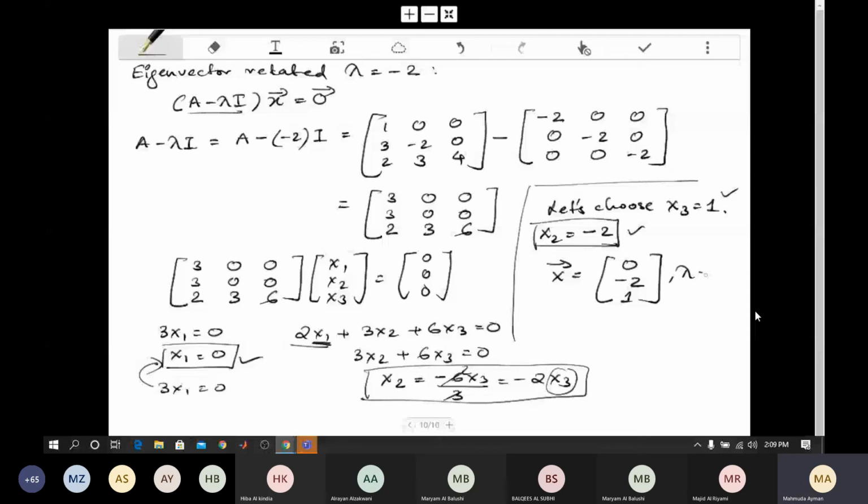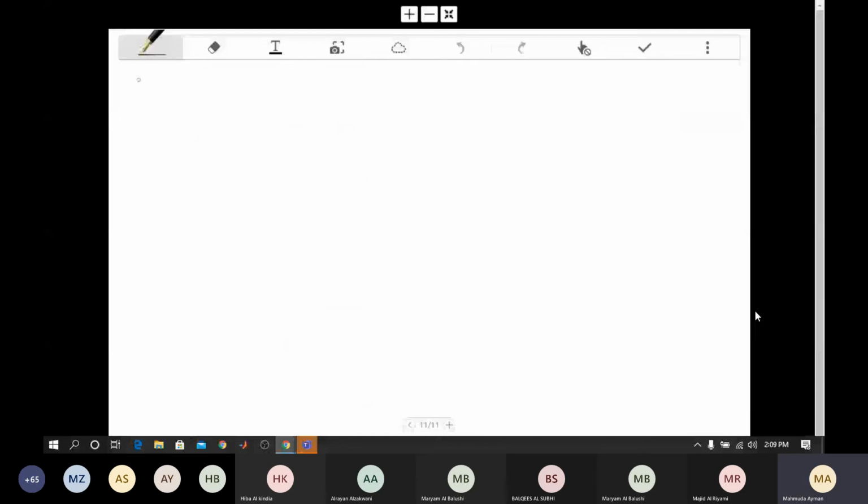And then we will work for the eigenvector for lambda is equal to 4 now. So again, we'll solve A minus lambda I times x vector is equal to the 0 vector. Solving this part here, we have A minus the lambda, which is 4 this time, times the identity matrix.